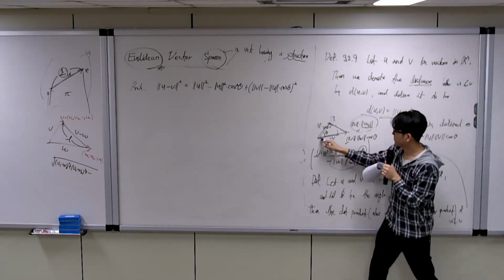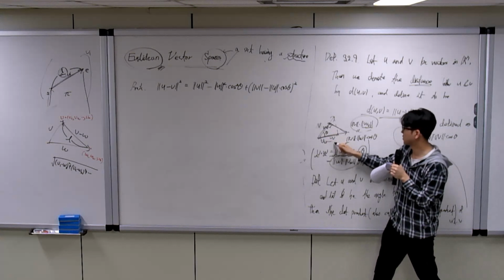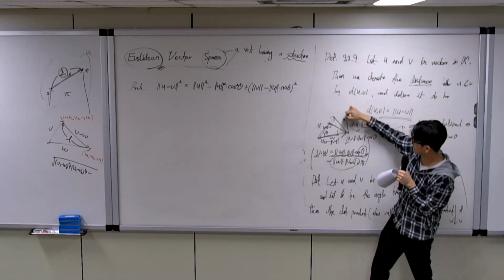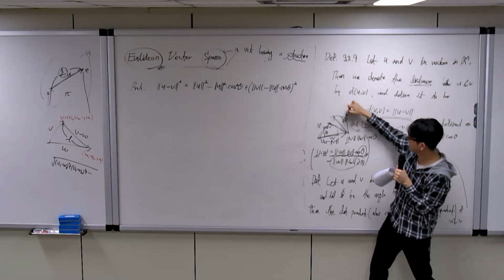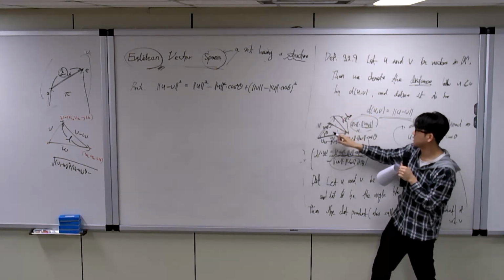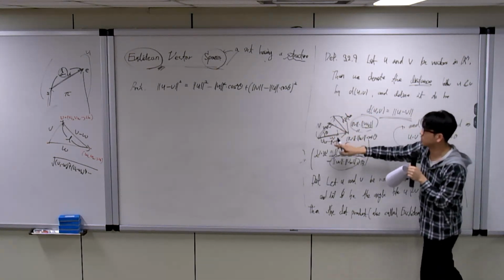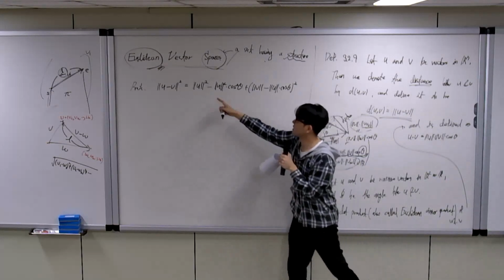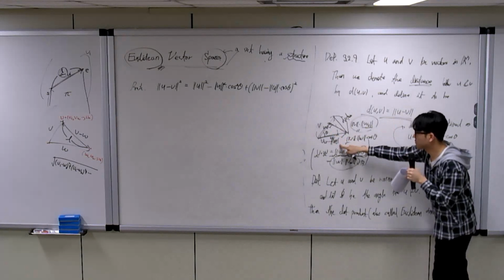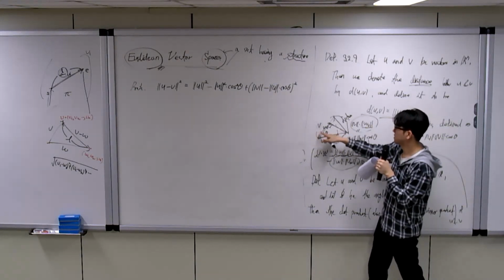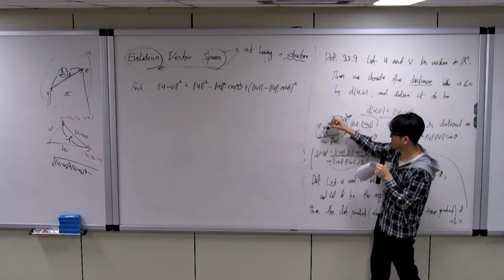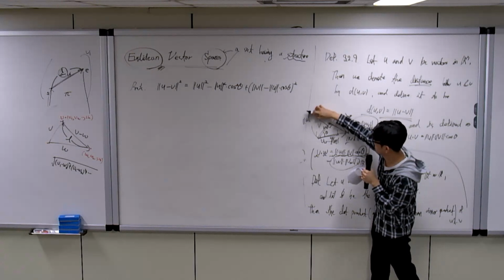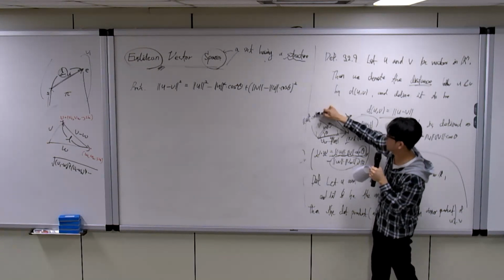So by using the Pythagorean rule, you can get the distance of two vectors. I will rename it as u. Then the norm of u squared minus the norm of u projected squared, which is u cosine theta.